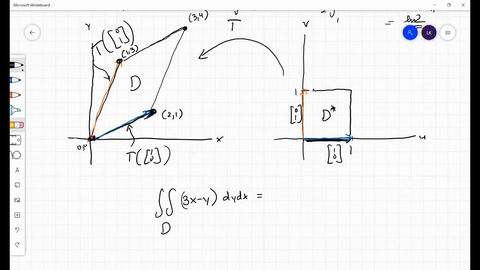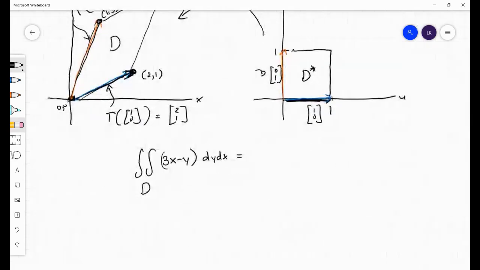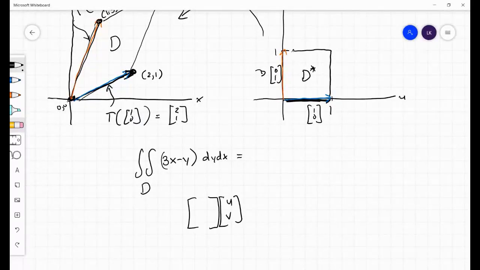Well, we first need to find a transformation from this unit square into this parallelogram. That's simple. I has to be mapped to this vector, which is (2, 1). And J has to be mapped to this vector, which is (1, 3). So the transformation of (u, v) is just the matrix with rows (2, 1) and (1, 3).